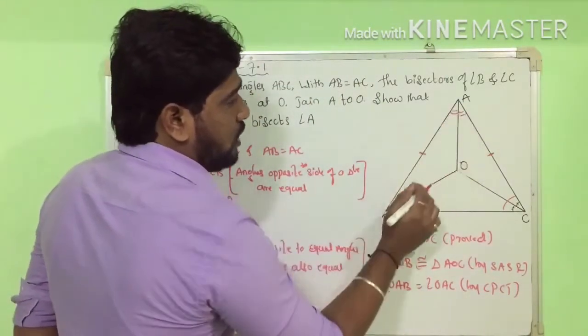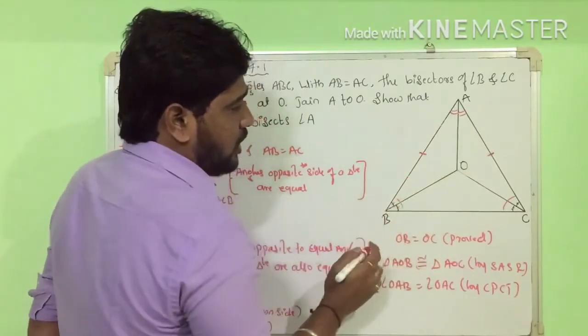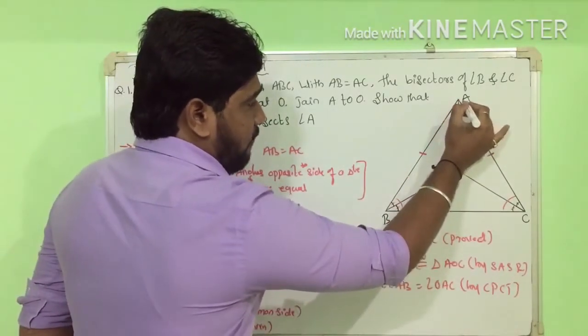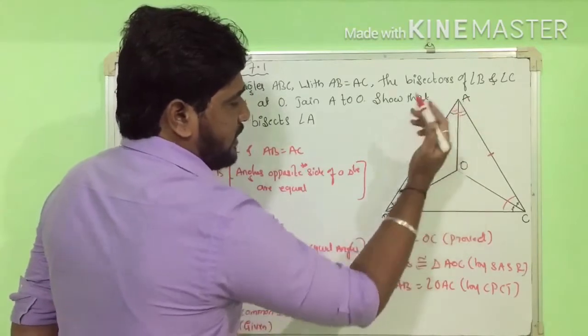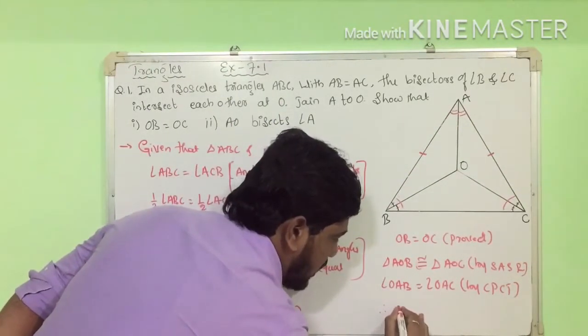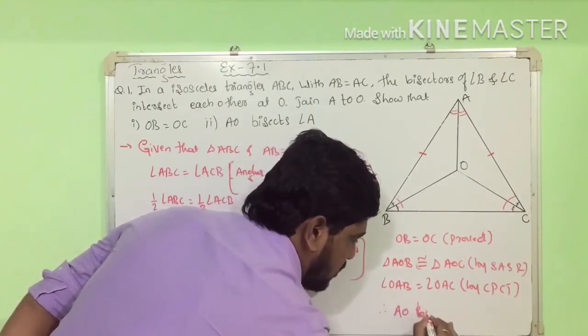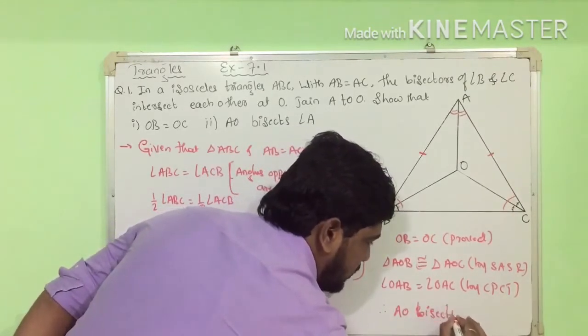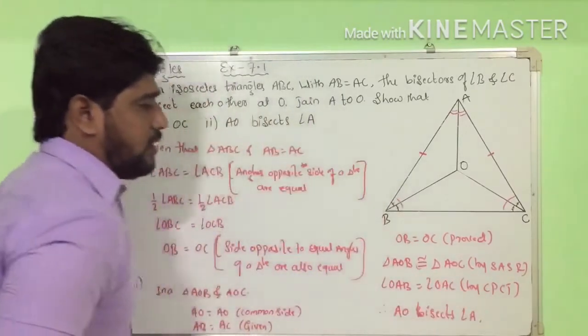So these two angles are equal to each other. Therefore AO bisects angle A. Hence proved.